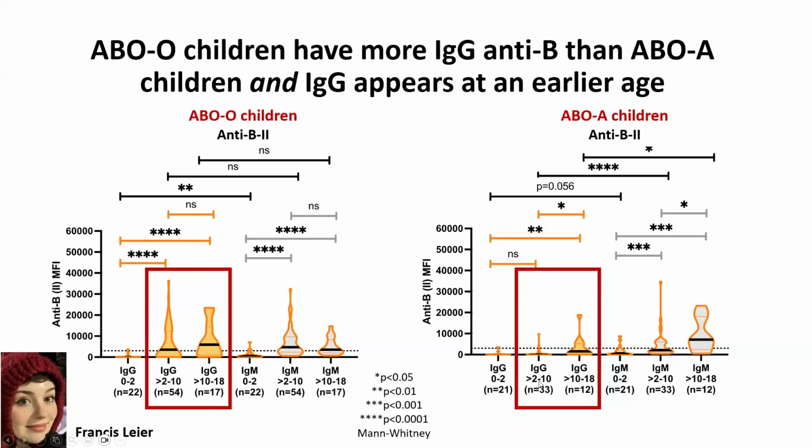I guess 2 isn't really an infant anymore. And IgM, again, is a little bit of a different story than in the O children, but it still means that you have to think about the blood group of your child and the blood group of the donor in a very individualized way, and that using better tools we can really start to tease these things apart.